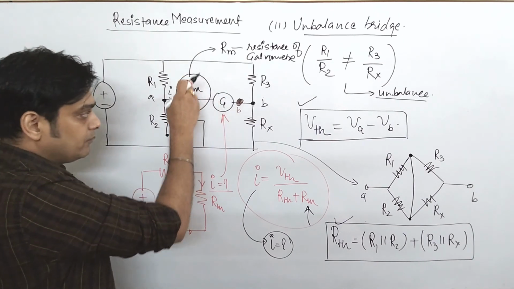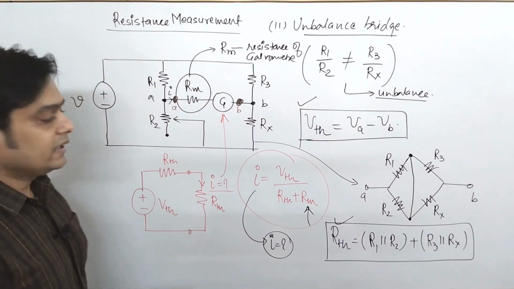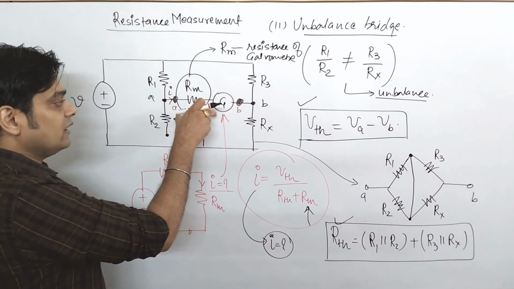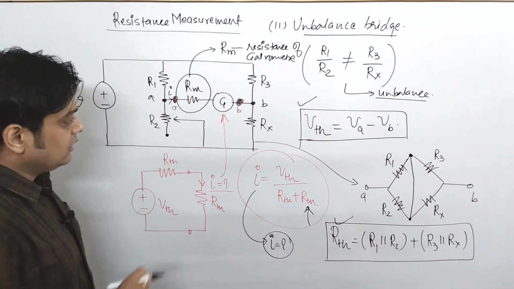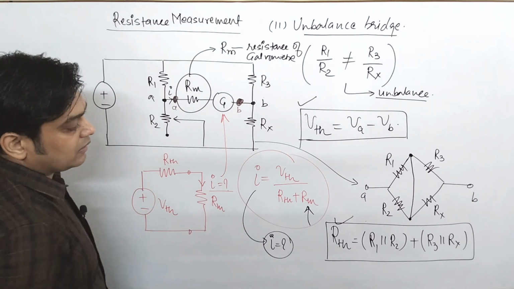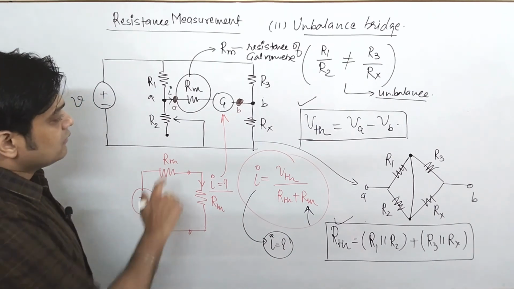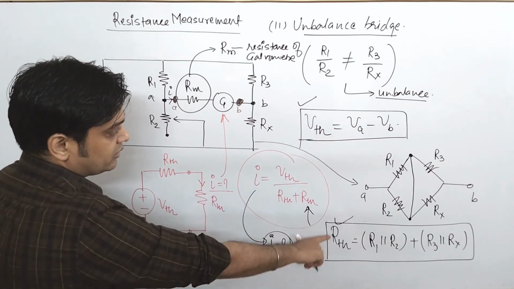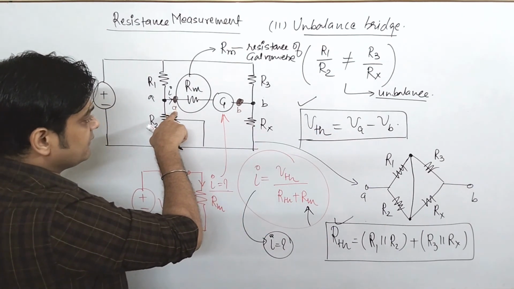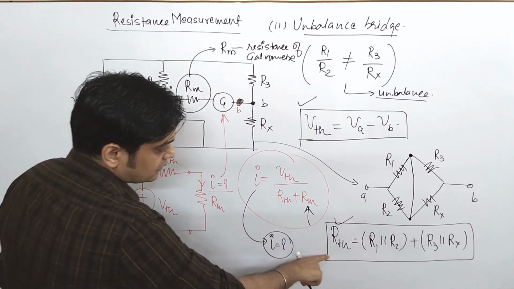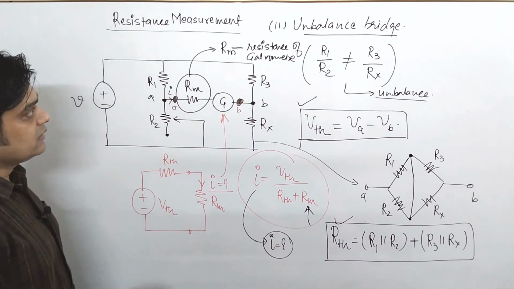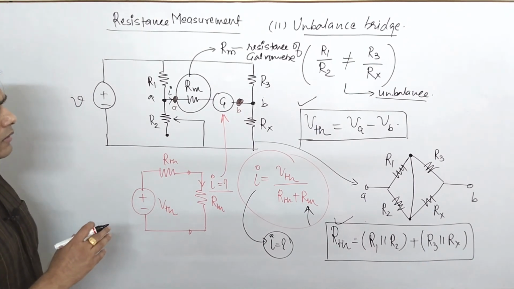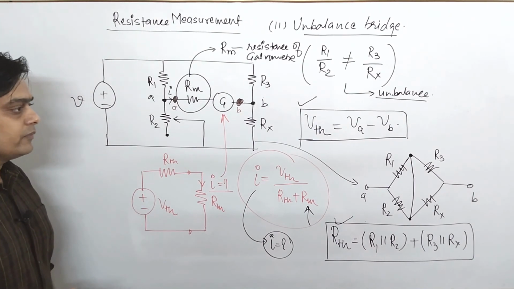As I said, it is a type of complex network where it is difficult to find the current I. So we find the Thevenin equivalent across terminal AB, and once we have it, you can easily get the value of current I. How we get VTH and RTH I have already mentioned. This is your VTH, the voltage difference between VA and VB, and this is your RTH. This is the formula. So this is all about the resistance measurement, and you will see problems used to come from this topic.